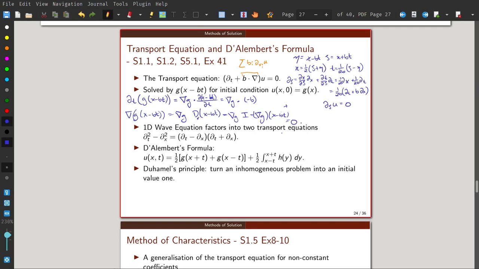So you look for solutions of the first, let's say v is equal to 0, and then you look for solutions of the second, u is equal to v.